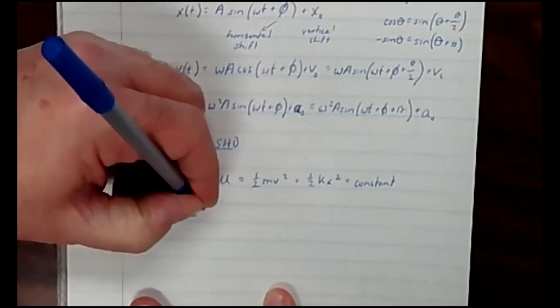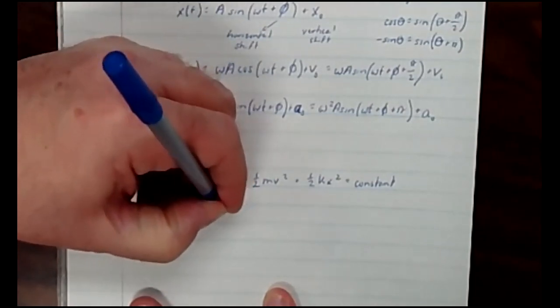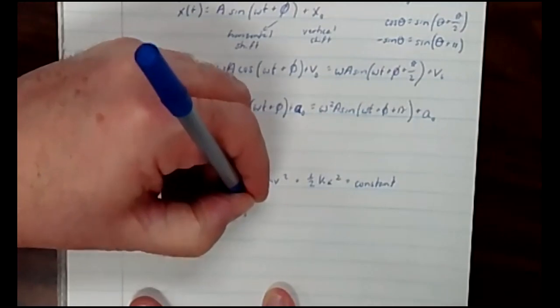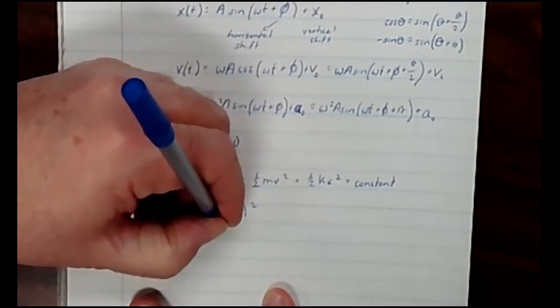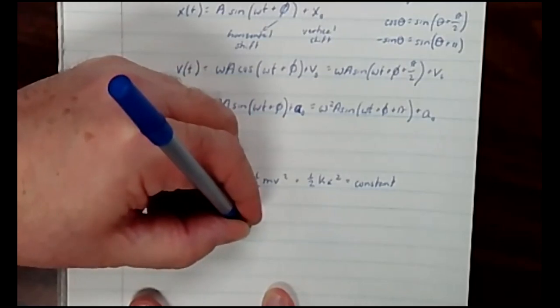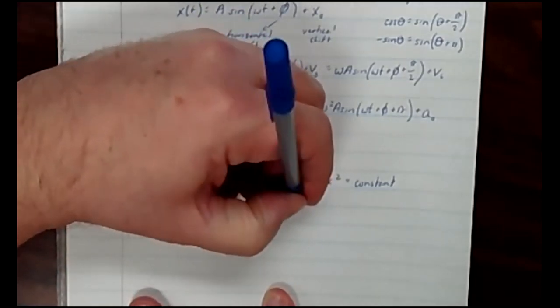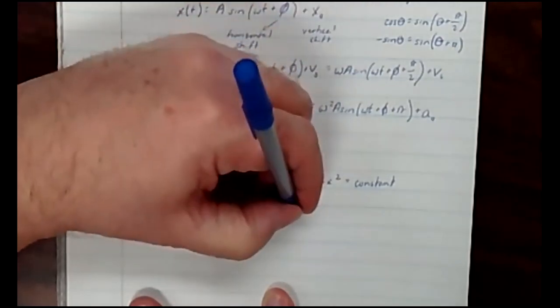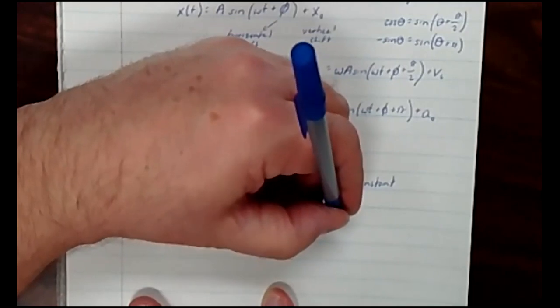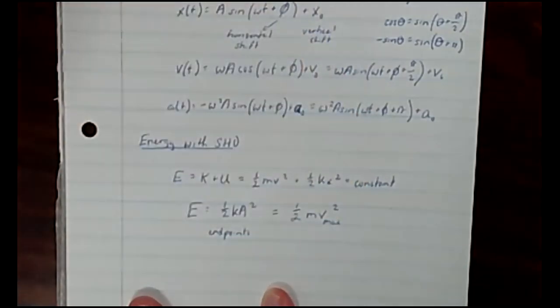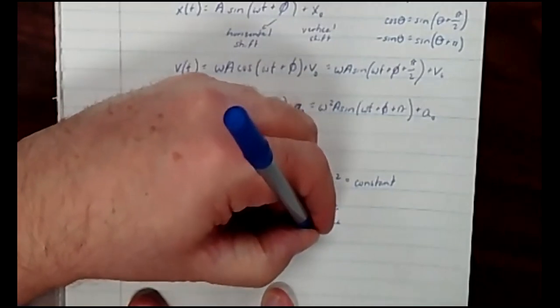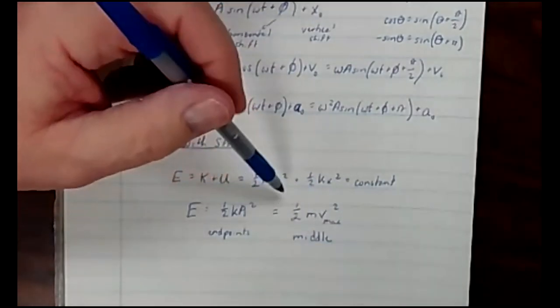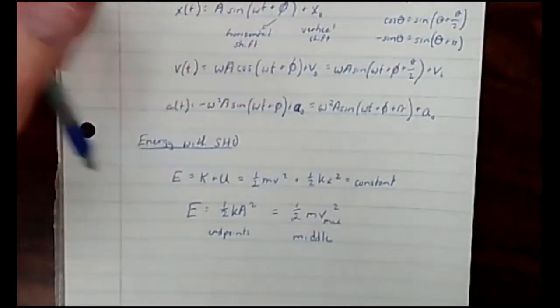So the energy is going to be equal to 1/2 k A squared at the endpoints, but it's also going to be equal to 1/2 m v max squared in the middle, where x equals 0. And so it's pretty easy to see the relationship between Vmax and A. So there's more tools in your toolbox for problem solving.